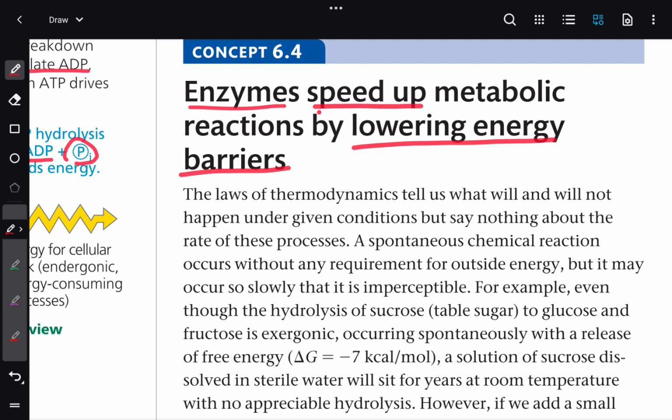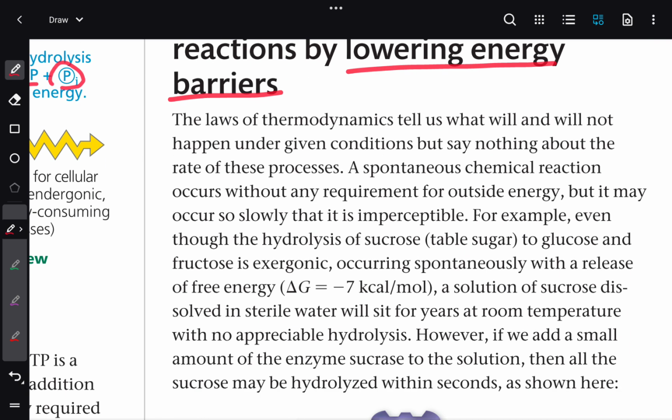An energy barrier is the threshold above which the energy provided will be equal to or more than the energy needed. If a reaction needs 7 kilocalories and the energy provided is 6, the energy barrier of 7 will prevent the reaction from happening.